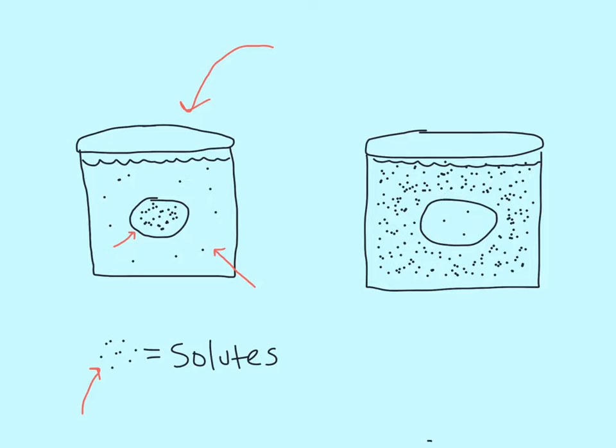Now, if you remember, hyper means you have a lot of solutes. Hypo means you don't have that many. Now, this solution right here, there are less solutes. There are less dots on the outside versus the inside of the cell. So this solution right here is going to be hypotonic, because there are more solutes inside the cell versus outside the cell.